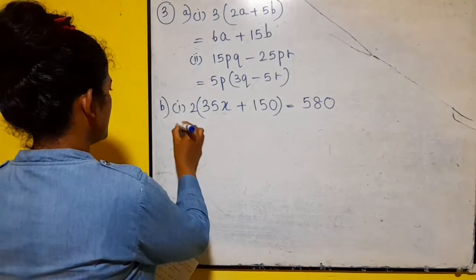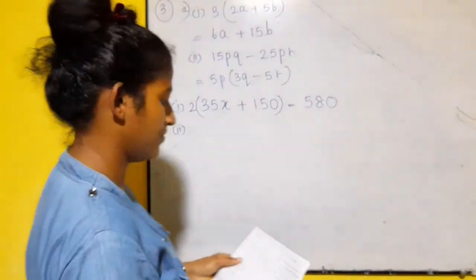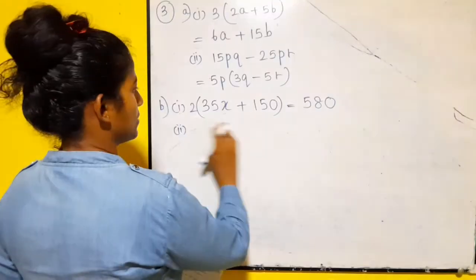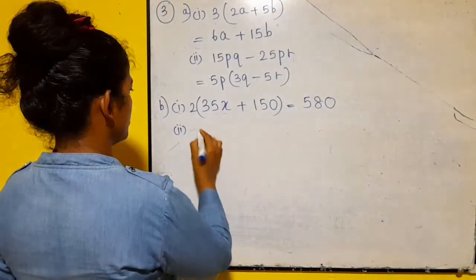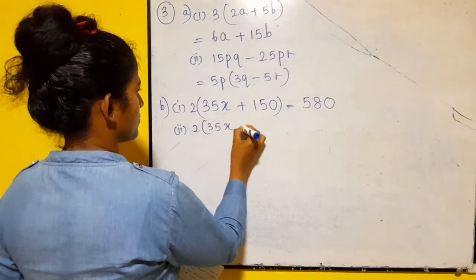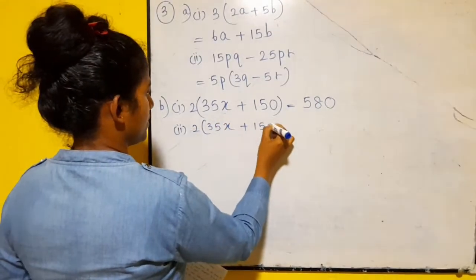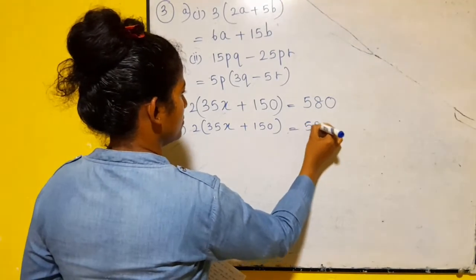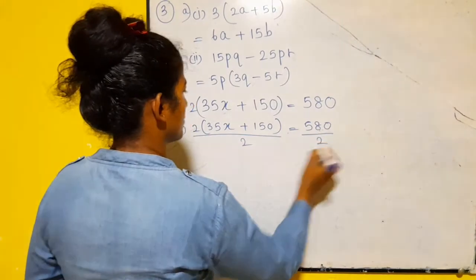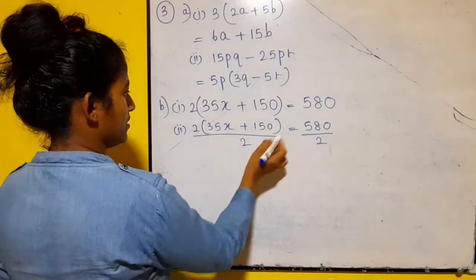In second part, find the value of x by solving the equation. Here when solving this, first you can divide both sides by 2, because the bracket means the multiplication.